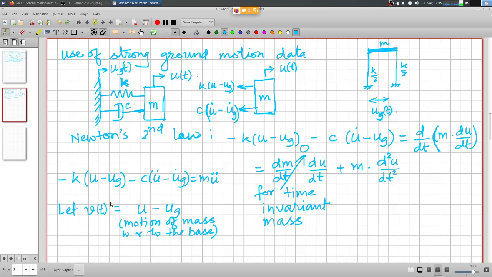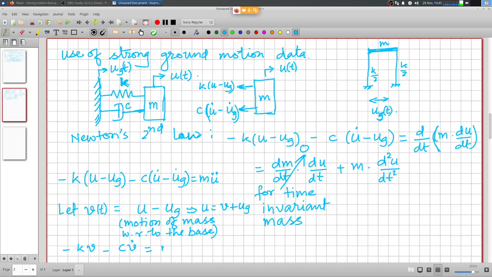So obviously this now changes accordingly to k times v minus c v dot, and this is equal to, now u is equal to v plus ug, total motion, so relative motion plus the base motion.